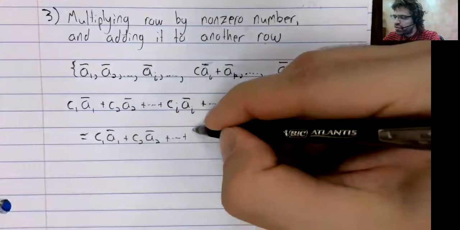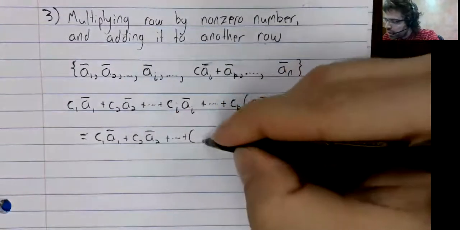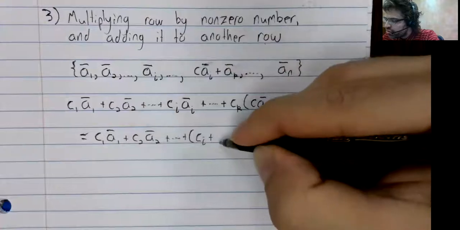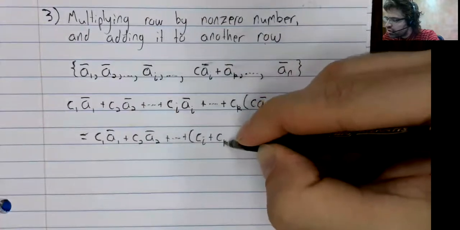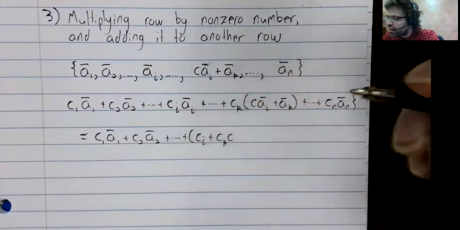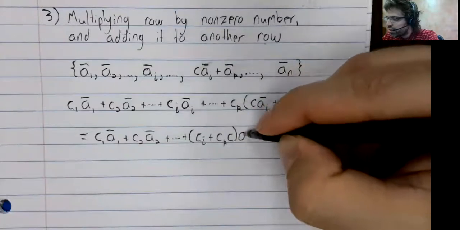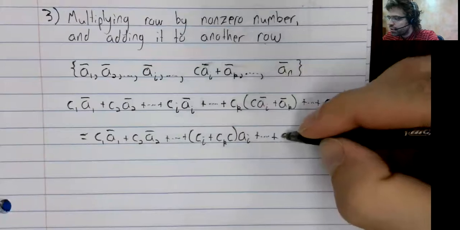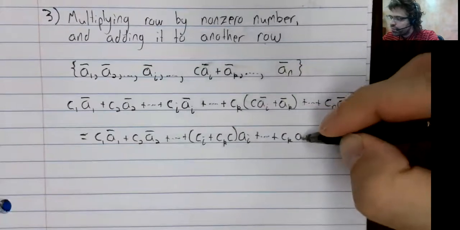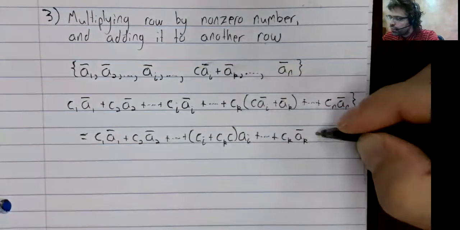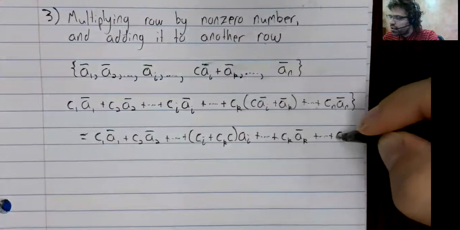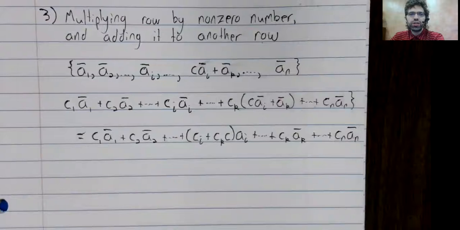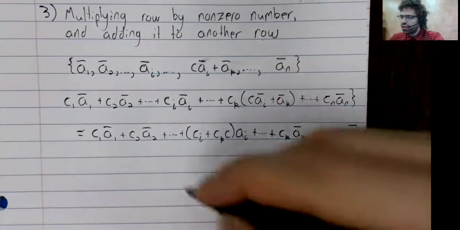Now, instead of a C sub I, we have a C sub I plus a C sub k times C in front of the A sub I. And here, then, are the linear combinations.